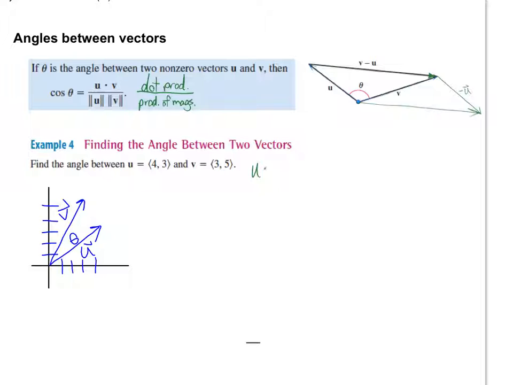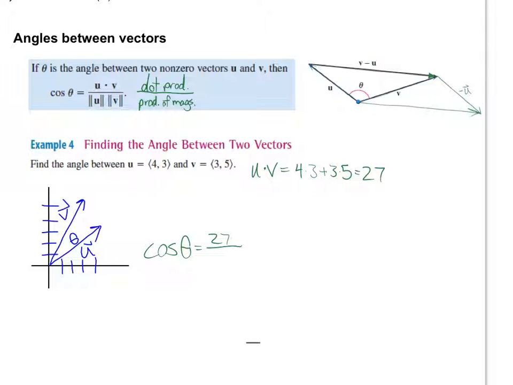U dot v, what does that equal? 4, 3 times 3, 5. 4 times 3 plus 3 times 5. Good. 12 plus 15 is 27. So now I know the cosine of theta is 27. Now, stop for a sec.